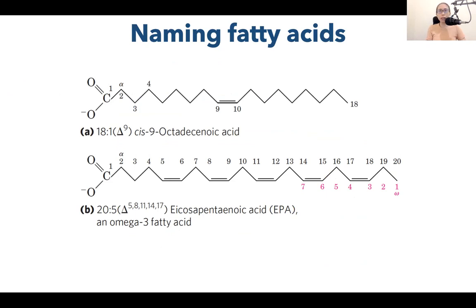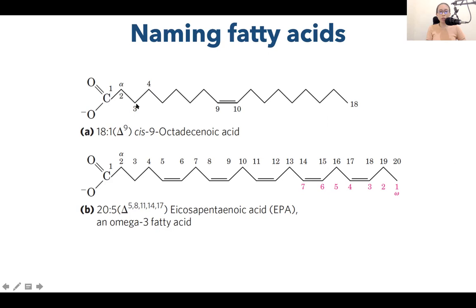Wala siyang double bond. And the way you indicate the position of your double bond is by, you enclose in a parenthesis your delta, tapos may superscript siya. This number tells you the position of your double bond when you number the carbons starting from the carboxyl functional group. So you start from this carbon, you number this one.